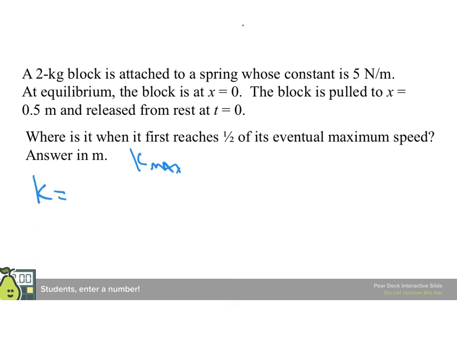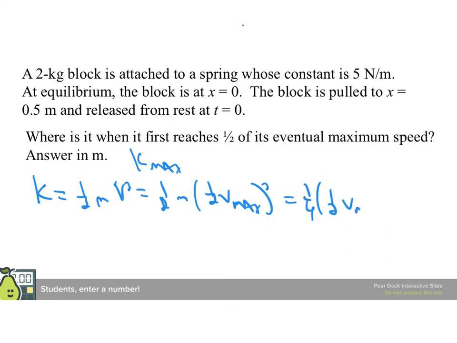So the kinetic energy that we want is 1/2 mv squared, which is 1/2 m times 1/2 v max, all squared, which is 1/4 times 1/2 m v max squared, or 1/4 the maximum kinetic energy. But the maximum kinetic energy is also the maximum potential.